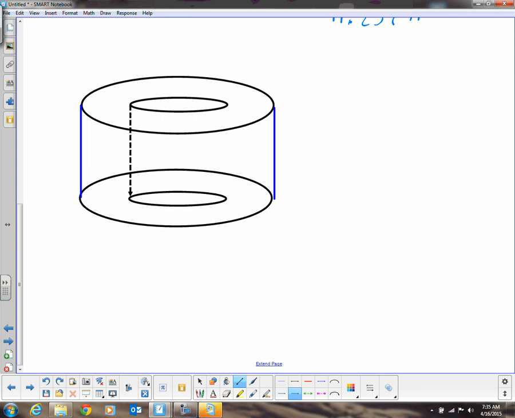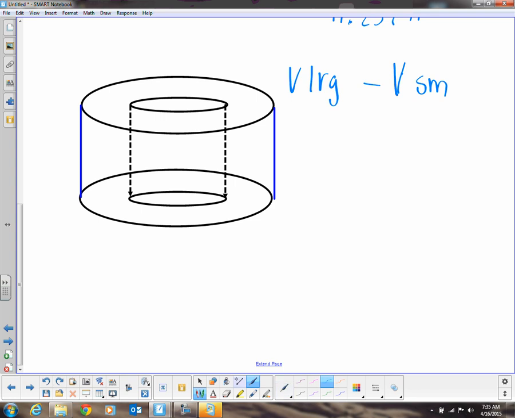So anyway, if this is a combo, we want to figure out the volume of the pretzel part only. Okay? So we're going to take volume of large minus the volume of the what? Small. Now I'm going to draw in the radius of the large.